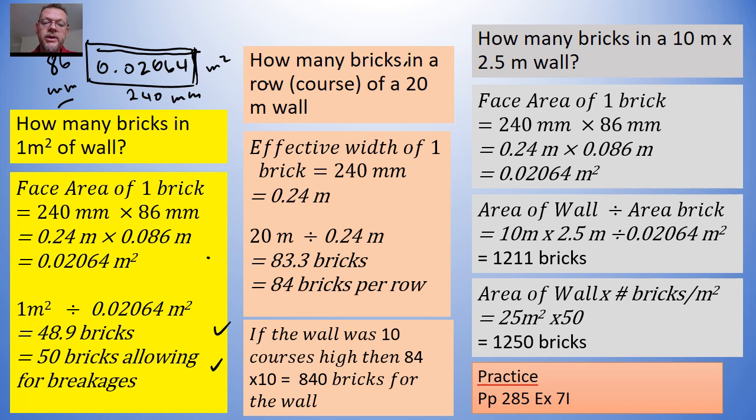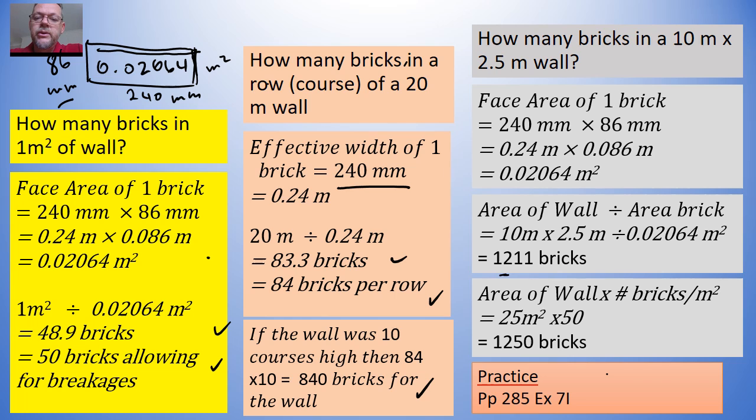So we say the effective width of the brick is 240 millimeters, which is 0.24 meters, and then 20 meters divided by 0.24 gives us 83.3 bricks, or 84 bricks per row. Now, if we wanted to build a wall 10 courses or rows high, we just multiply the 84 by 10, so that side of the house has got 840 bricks.